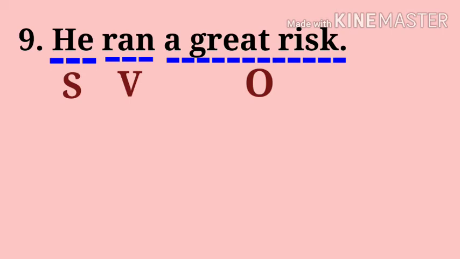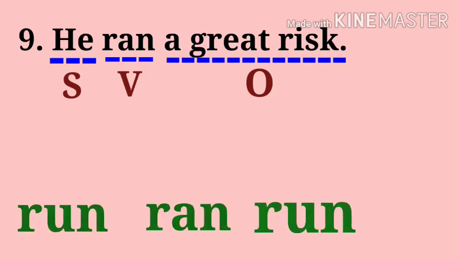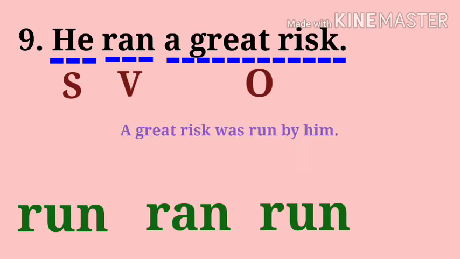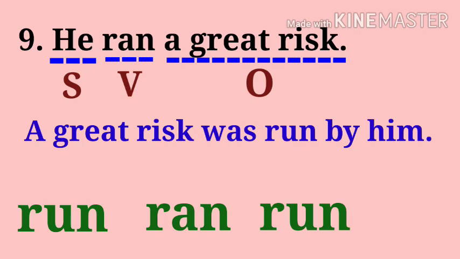And the given sentence, ran is there. So, the given sentence is in simple past tense. Your object is singular. And see the three forms: run, ran, run. Understand? The third form is once again run. Okay. So a great risk was run by him.